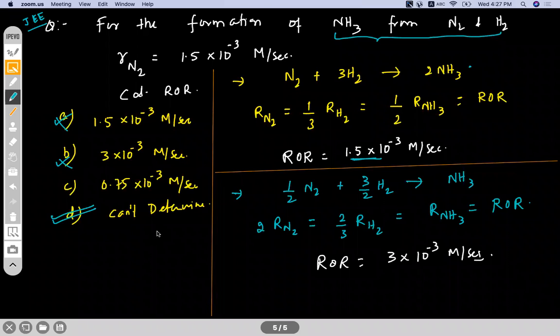So what reaction you have taken, what stoichiometric coefficient you are taking, it depends upon that. According to that, you'll get the rate of the reaction. Next line.